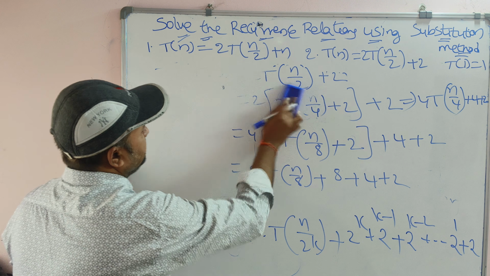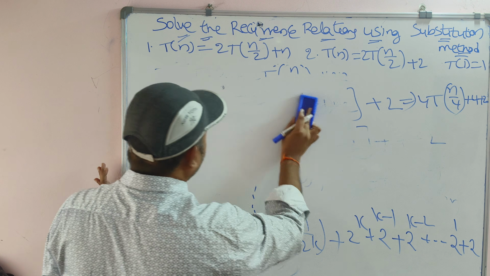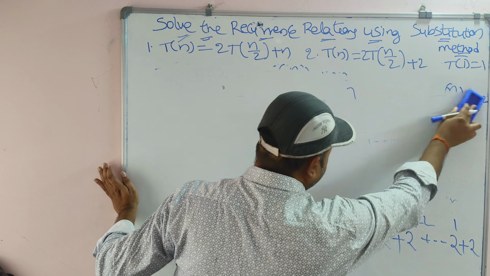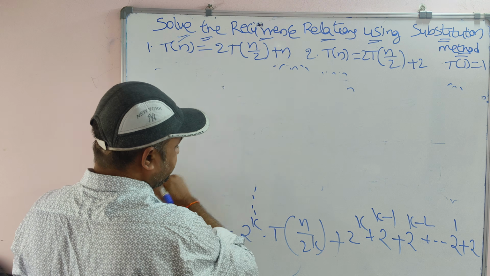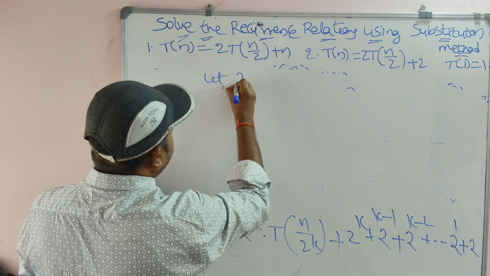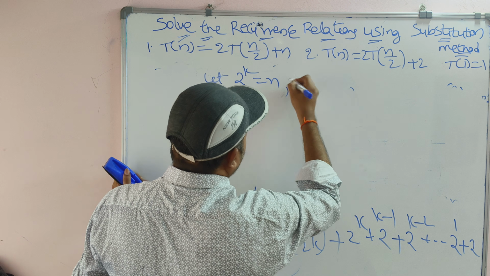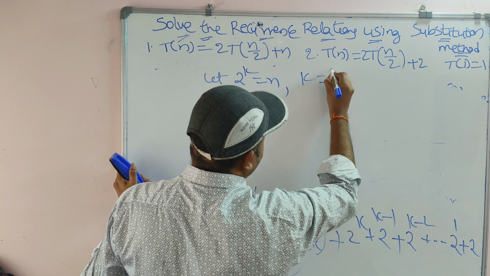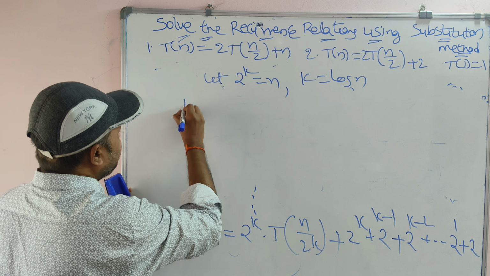So let us derive now. Already we have the T of n value. This is the kth term. Now let us assume 2 power k equal to n. We already applied the formula in the previous example. Then we will get k as log n.